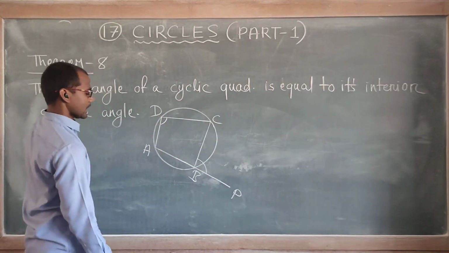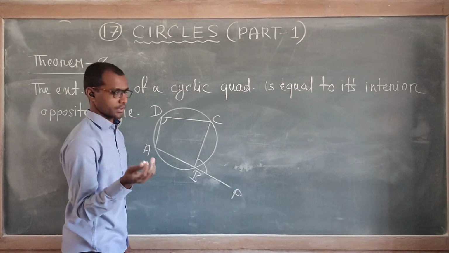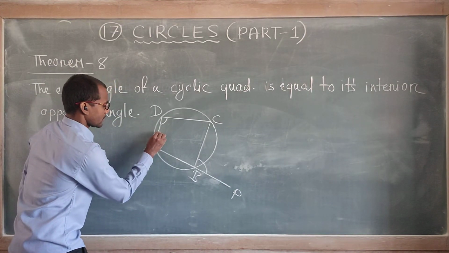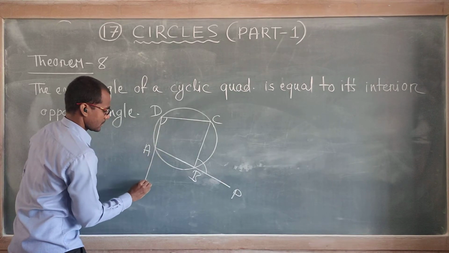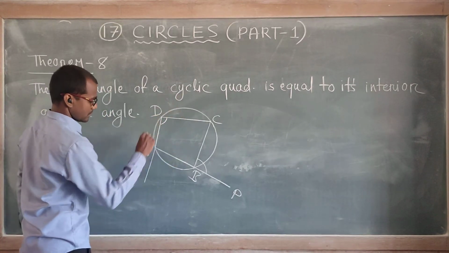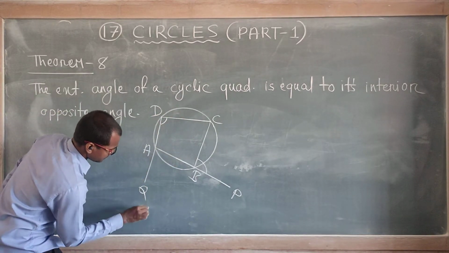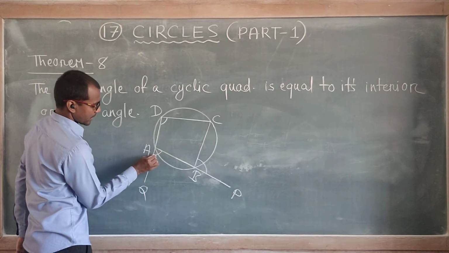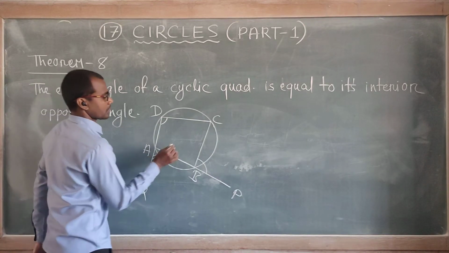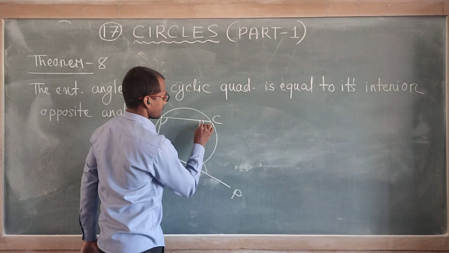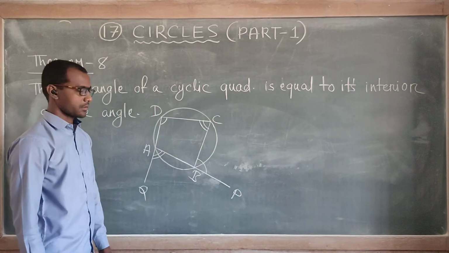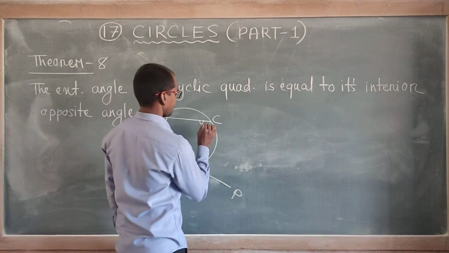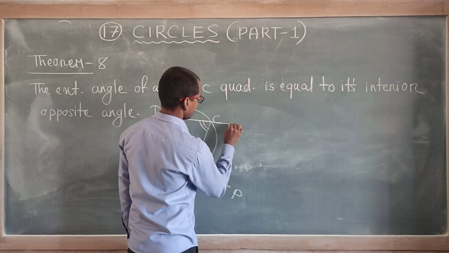Clear? Similarly, let us get another exterior angle. Let us produce DA. Suppose this is Q. Now this exterior angle will be equal to its interior opposite angle, that is this angle. Clear? Similarly, let us produce DC.